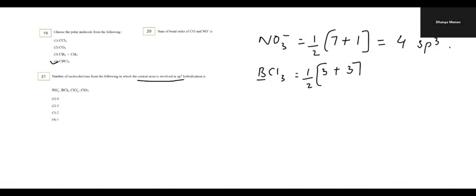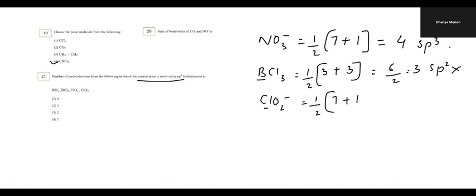So 6 by 2, which is equal to 3. 3 is sp2. Then ClO2 minus: the central atom is chlorine, 7 electrons in the outermost shell. There's a negative charge, so I have to add it. No monovalent atom. So this is 8 by 2, which is equal to 4, which is sp3 hybridized.